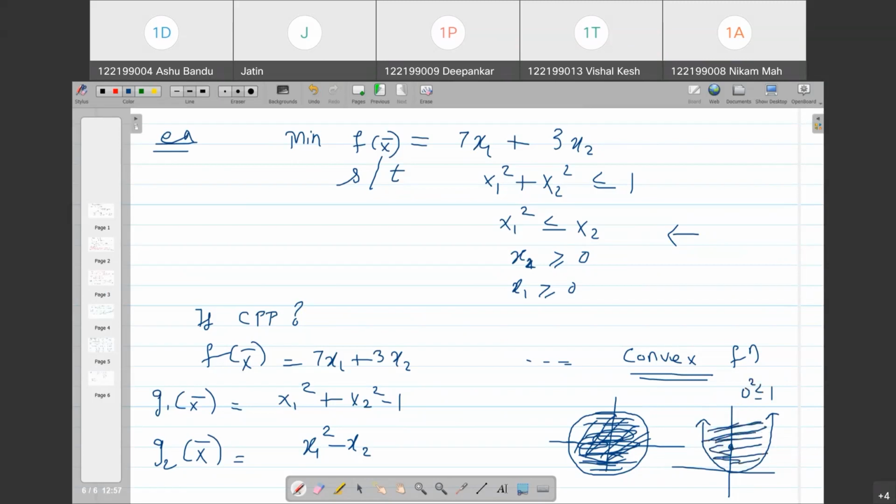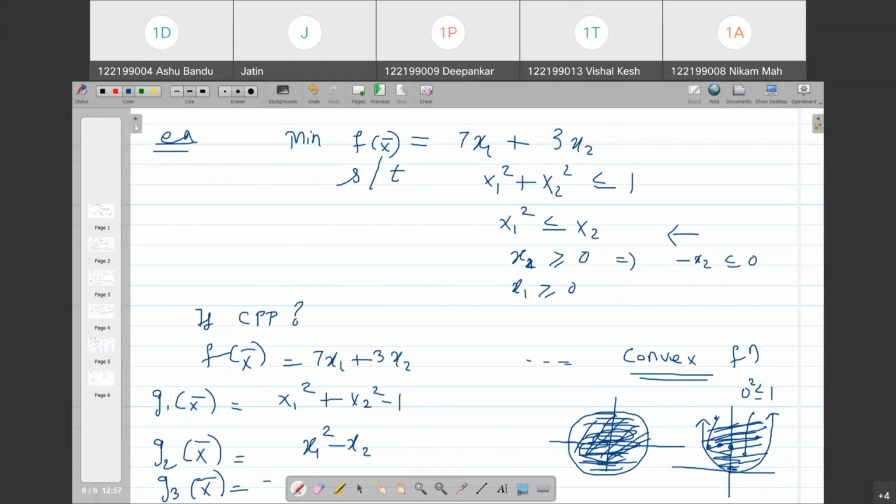Again, you can see this is a convex set because if you take any 2 points, the segment is within the parabola. Therefore, this is a convex set. What is my g3 of x? My x2 is greater or equal 0 means minus x2 is less equal 0.